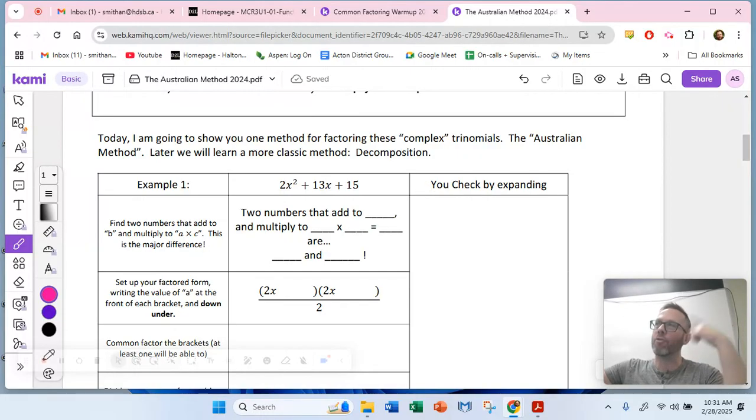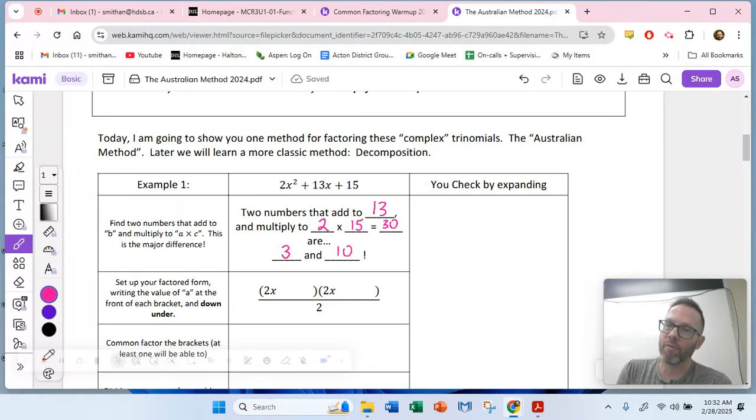We have this mantra in our head: we look for two numbers that add to 13 and multiply to the product of 2 and 15, which is 30. Now, you guys have been doing this over and over again the past few days, so hopefully we're getting pretty quick at identifying the pairs of numbers that work. The two unique numbers that work are 3 and 10.